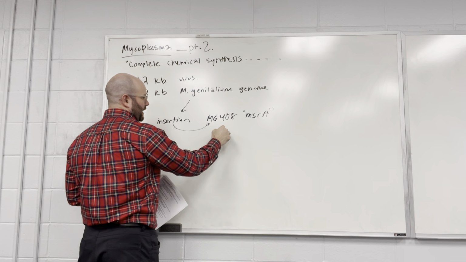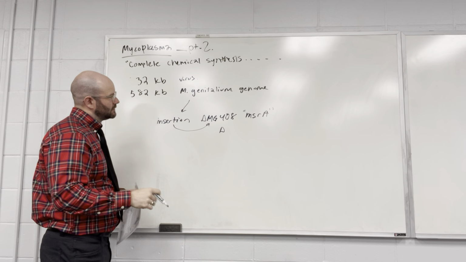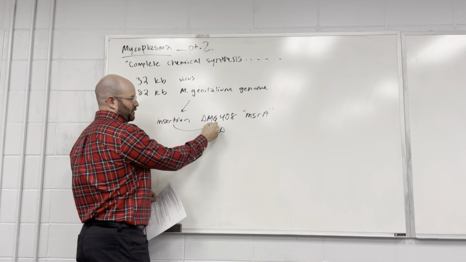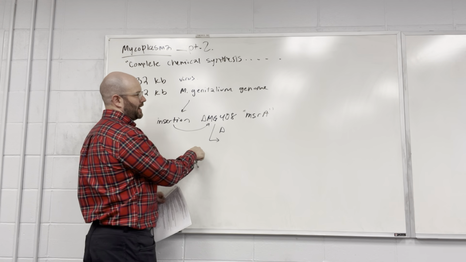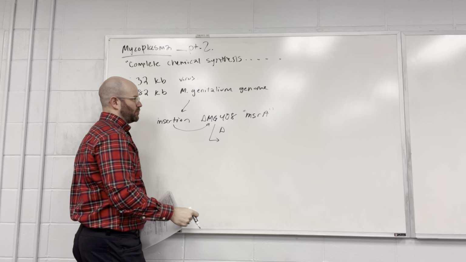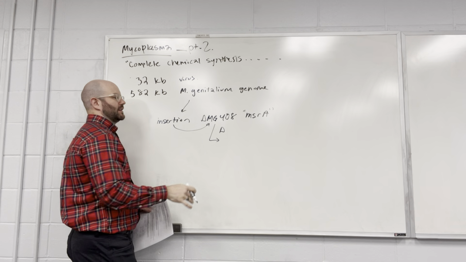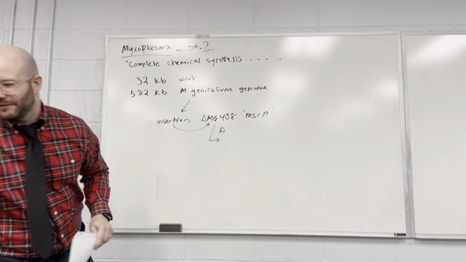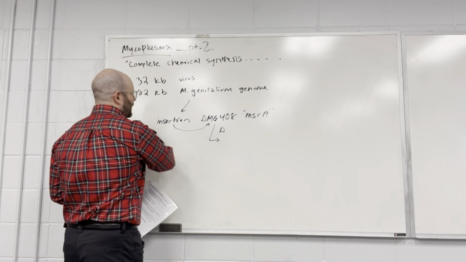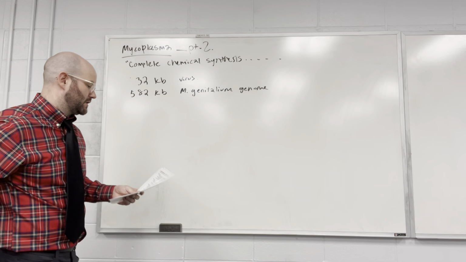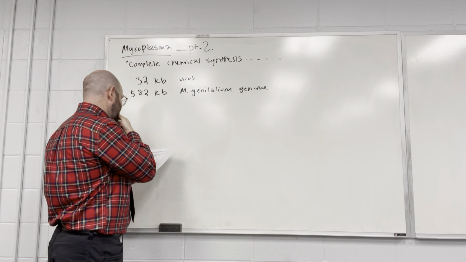So they essentially made a knockout, not a complete knockout, but they broke the gene MG408. This gene had been identified in previous papers on this pathogen as important or essential for its pathogenicity. So they broke that gene so it could no longer be a pathogen. That's how they navigated around the fact that this is a pathogen or can be pathogenic.